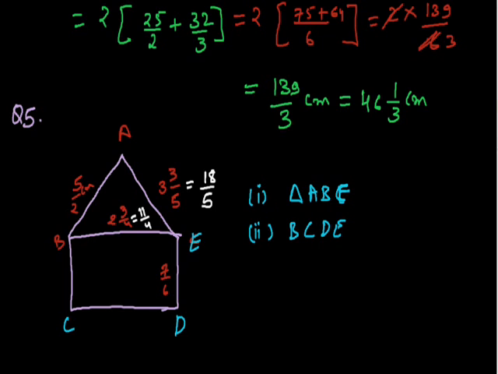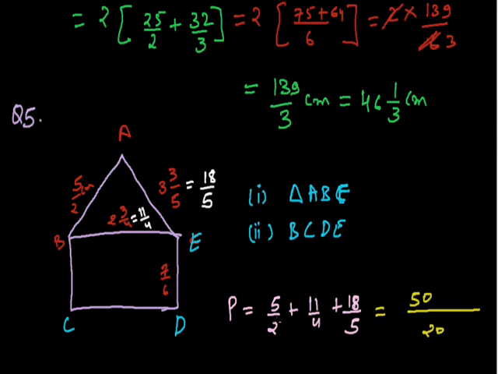Now in the first part, the perimeter will be equal to the sum of all the sides, that means 5 by 2 plus 11 by 4 plus 18 by 5. Now we will take the LCM. The LCM will be 20. To make 2 as 20, we have to multiply it by 10, so it will give you 50.